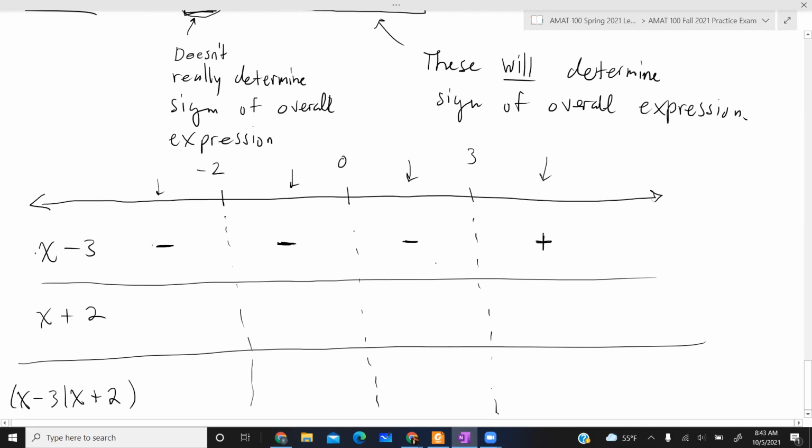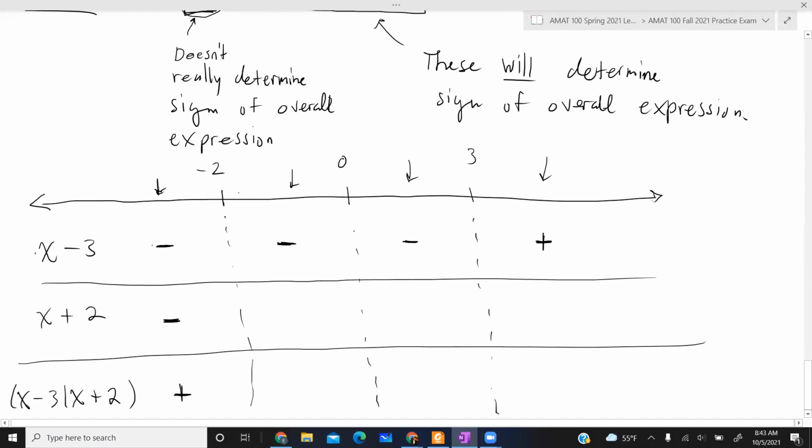Now let's look at the sign of x plus 2. When x is equal to -3, x plus 2 is equal to -1, so we're negative. So here we can immediately fill in this, the product will be positive. So that's one of the intervals we're interested in when they have the same sign.